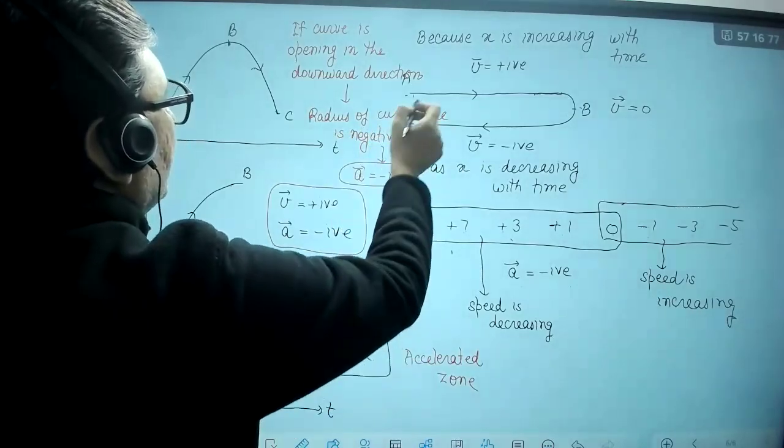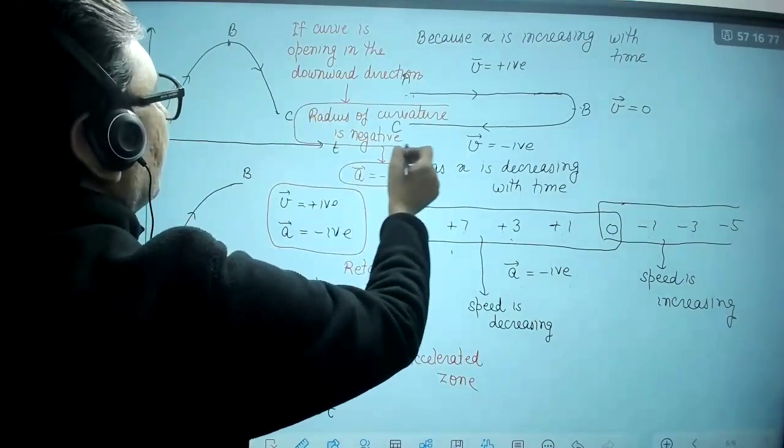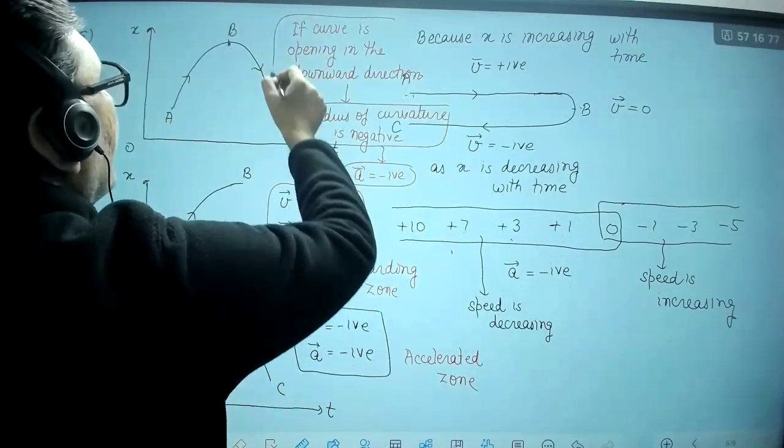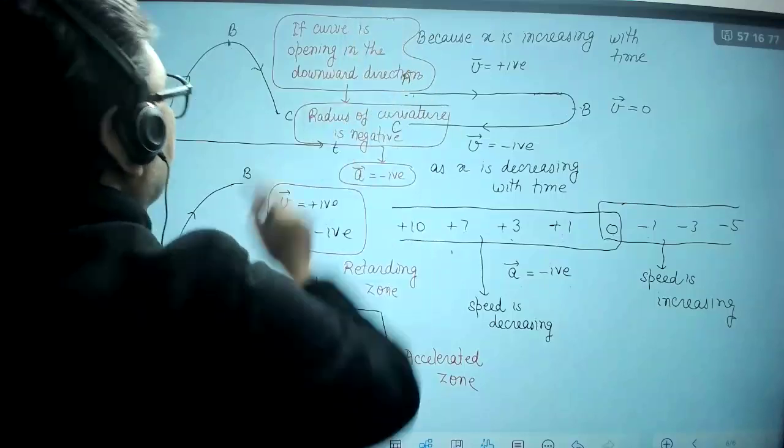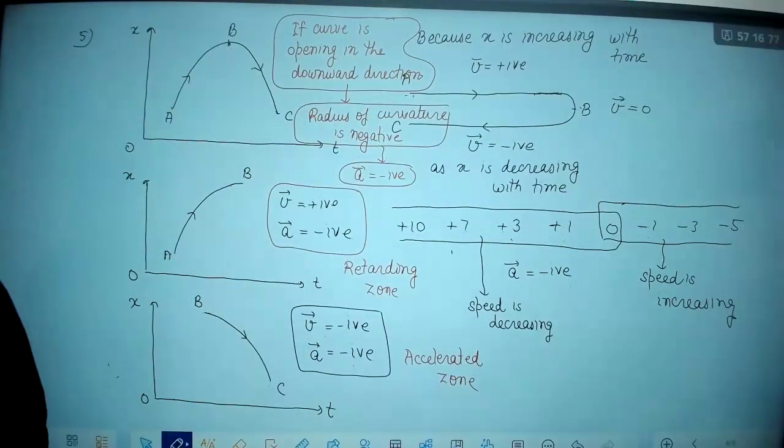So you have to remember these aspects. Remember this case.